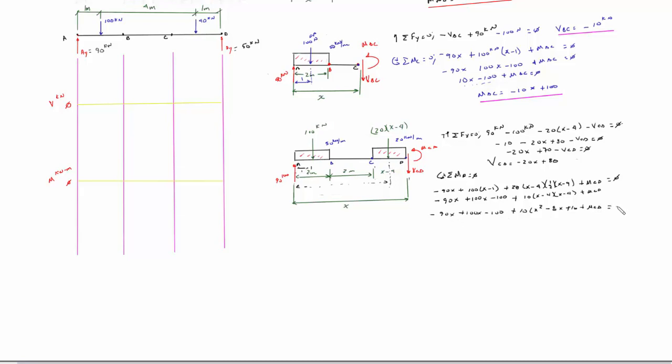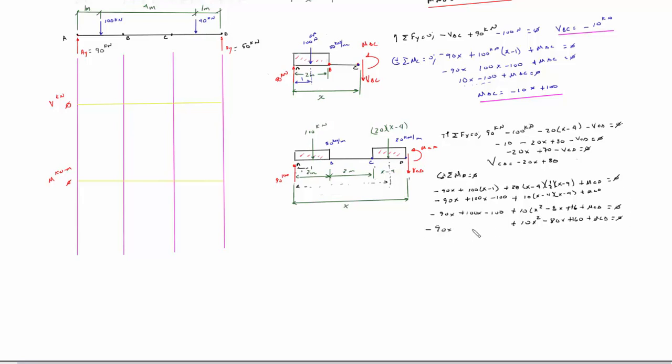A lot of stuff in there. So let's clean this up. I have to multiply this: 10x squared minus 80x, and this was 16. Sorry, 16. So it's going to be plus 160 plus MCD is equal to 0.